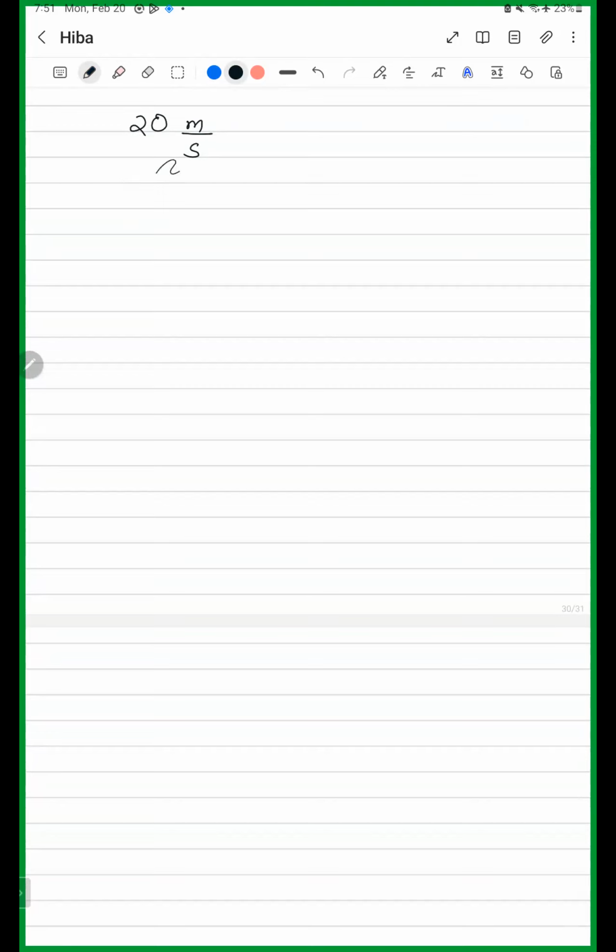So see, you can say this is 1 meter and 1 second. This is basically what? 20 into meter means what? 1 meter. 1 is invisible, right? You can multiply 1 anywhere you want.